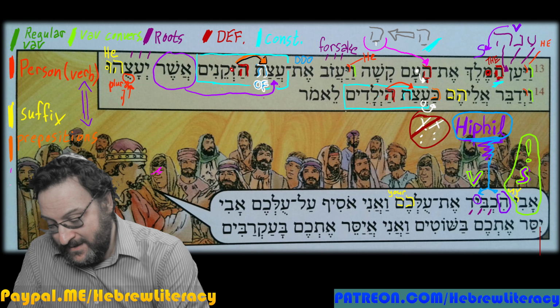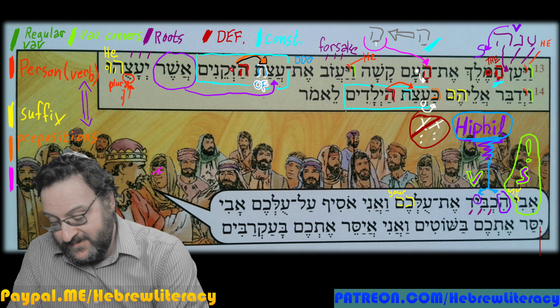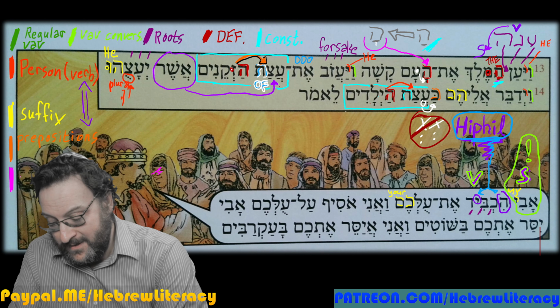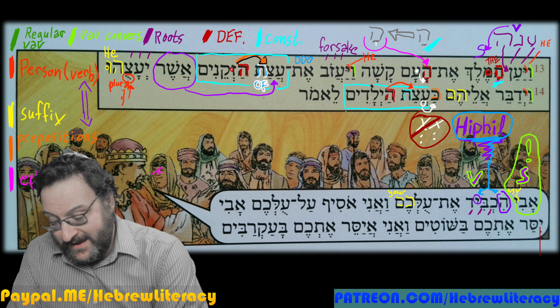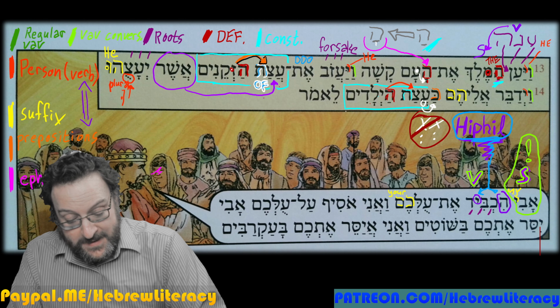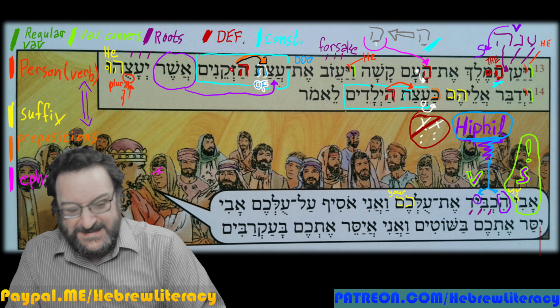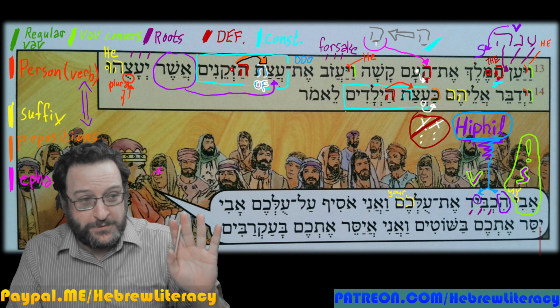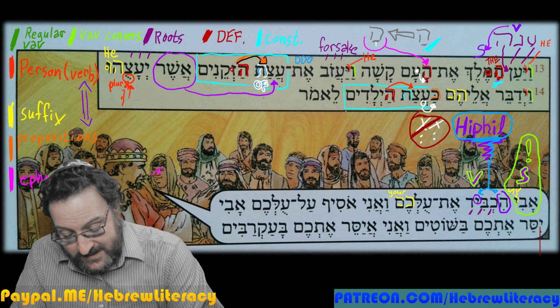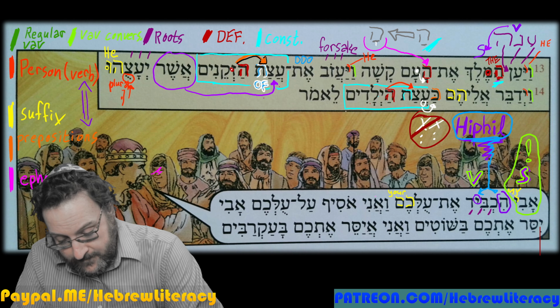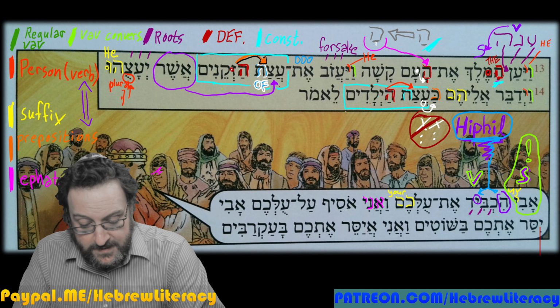I know what we'll do here. Magenta is going to be for emphatics. Anything emphatic. It's not quite emphatic by putting the subject first, so I won't do that. But here we have an emphatic pronoun. Ani. Why?